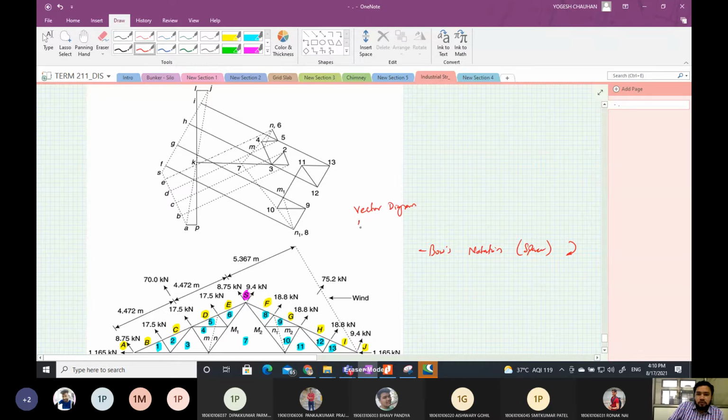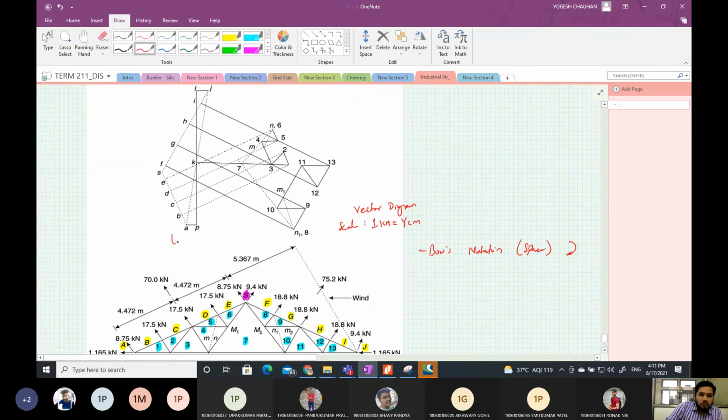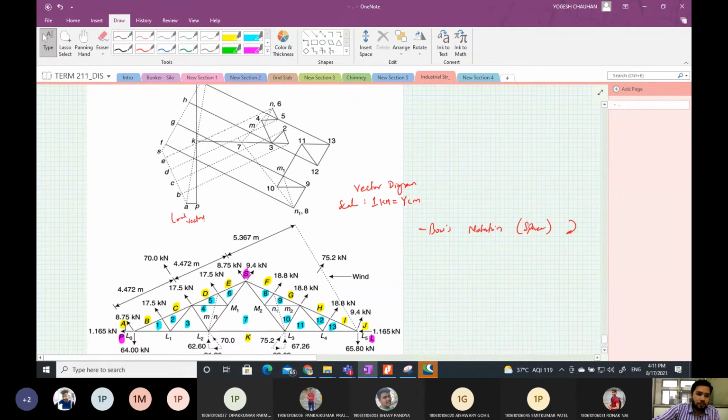It is drawn with a scale of 1 centimeter equals 1 kilonewton, or let us say 1 kilonewton equals y centimeter. Now to draw this, this is a load vector. Let us first start from this point A. From A to B, when you move from A to B, there is a load of 8.75 kilonewton.